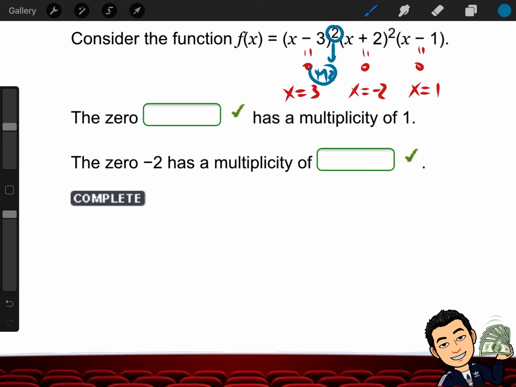Multiplicity is 2, multiplicity is 2, multiplicity is 1. Which one has a multiplicity of 1? Just x equals 1. Which one has a multiplicity of 2? It says right here, the one I circled, negative 2.